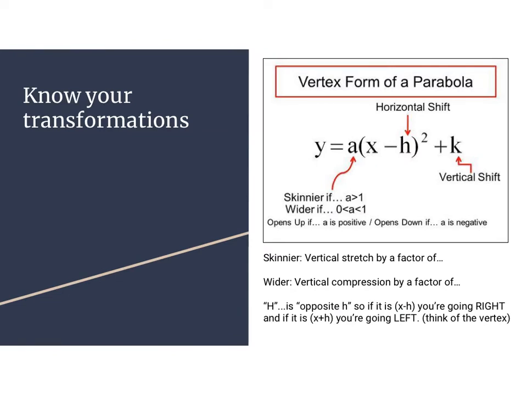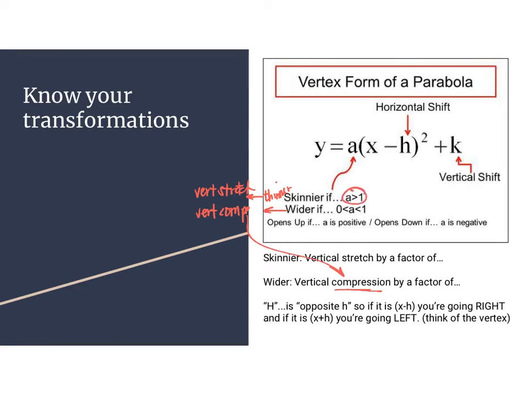You also have to know your transformation, so let's quickly review these. The a tells you two things. It will tell you if it's skinnier or wider. We said like thinner or wider, and the fancy terms are vertical stretch or vertical compression.